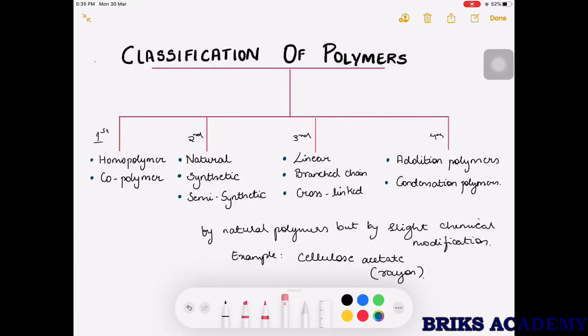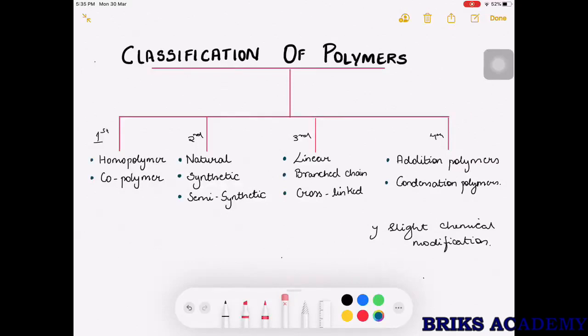So now, moving on to the third type of classification. In that, linear polymers.